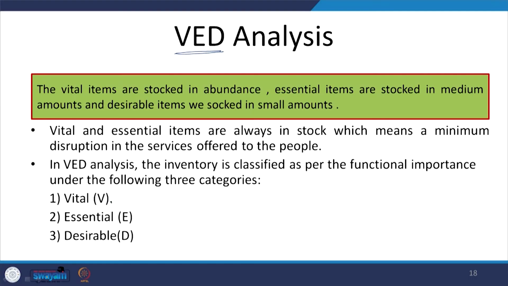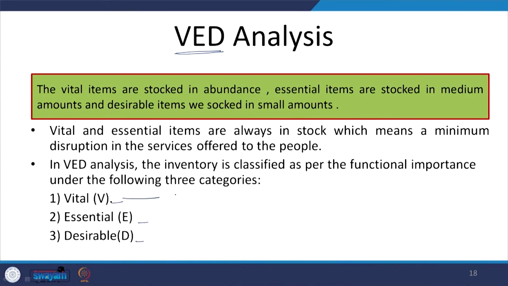V stands for vital, E stands for essential, and D stands for desirable. So, items are classified into 3 categories: vital, essential and desirable. Those items which are very critical for the organization are the vital items. So, these are, you can say, type A items, as we discussed in ABC analysis.